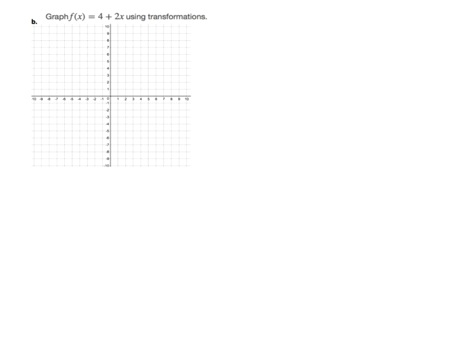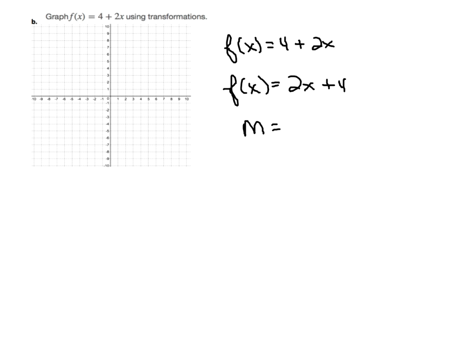Okay, this says use transformations. I'm going to use slope-intercept form. So it's not in slope-intercept form, f of x equals 4 plus 2x, but to get it there, you just flip-flop those terms on the right-hand side. f of x equals 2x plus 4. My slope is 2, and I'll put that 2 over 1, and my y-intercept is 4.